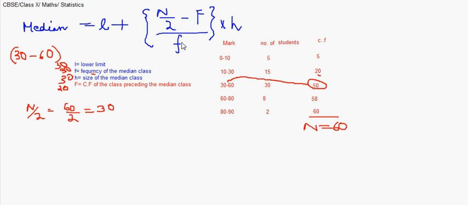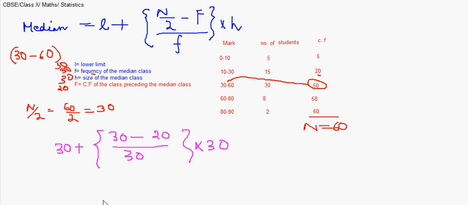It is L plus, that makes it 30, plus N by 2 was 30, minus F capital, that is the cumulative frequency of the class preceding the median class, by the small f, which was also 30, and multiplied by 30 again.